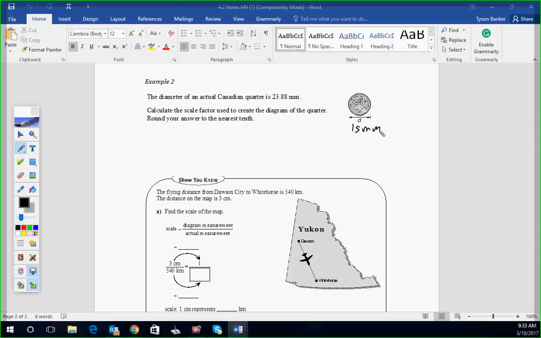Right, because they want to know the scale factor used to create the diagram of the quarter. So actually, it's going to be smaller. To create the diagram, it got smaller than the quarter. 23.88 is bigger than 15, right? So then we want to do this. Like that. And it's about 75 points, probably 75%? Somebody calculate that for me. 15 divided by 23.88, yeah.